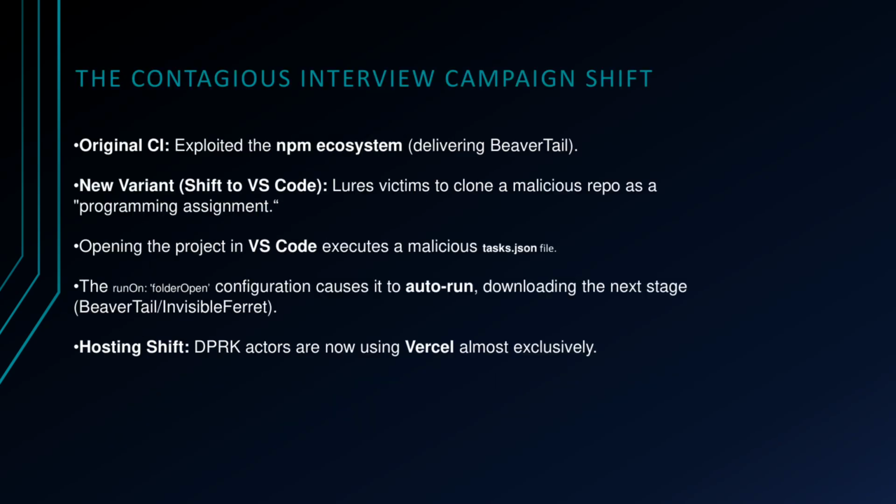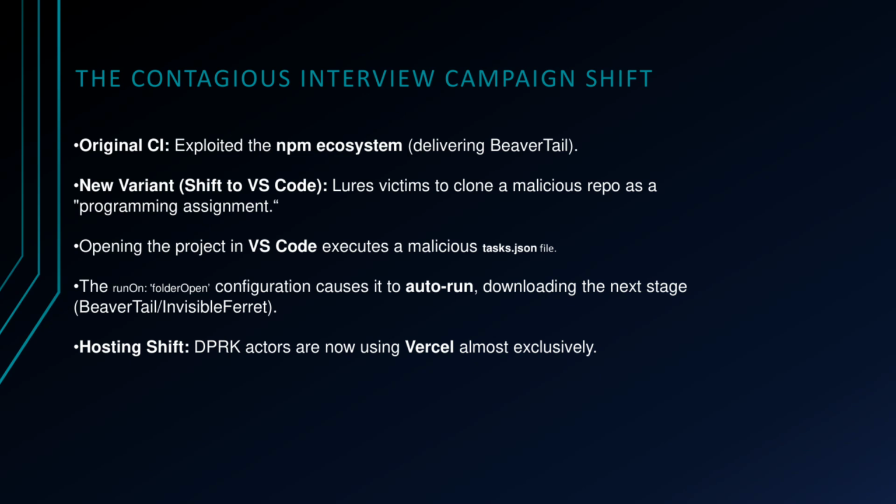Slide 8. The social engineering vector of the Contagious Interview campaign has evolved, shifting from exploiting the NPM ecosystem to focusing on Microsoft Visual Studio Code, VS Code. Victims are lured to clone a malicious repo as a programming assignment.